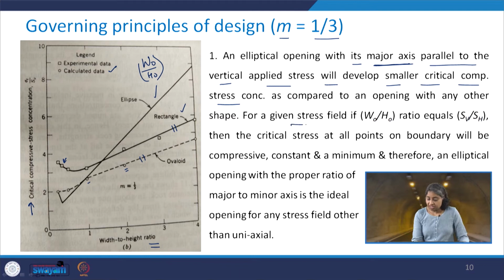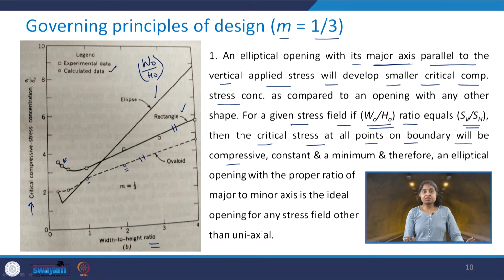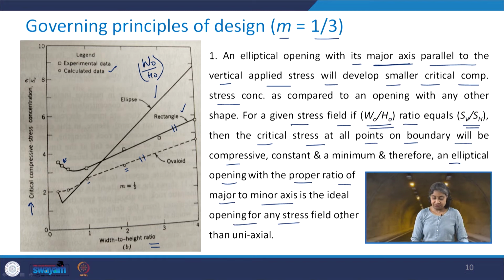Now, for a given stress field, if this W naught by H naught ratio equals SV by SH, then the critical stress at all the points on the boundary is compressive, constant and a minimum, and hence the elliptical opening with the proper ratio of major to minor axis becomes the ideal opening for any stress field other than the uniaxial one.